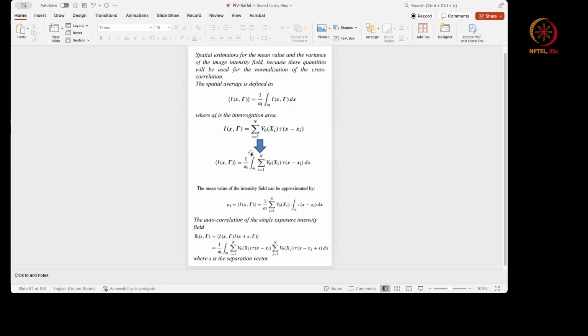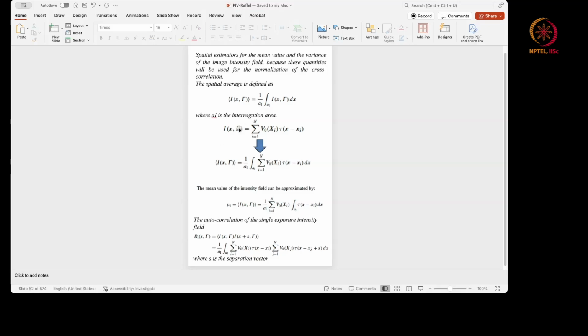So now we go to the spatial estimators for the mean value and the variance of the image intensity field, because these are the ones utilized for the normalization of the cross correlation. The spatial average is defined as this. The bracketed term denotes an average, and AI is the interrogation window. So you integrate the image intensity across the interrogation window and divide it by the interrogation window size.